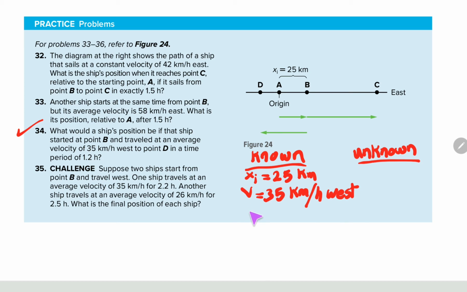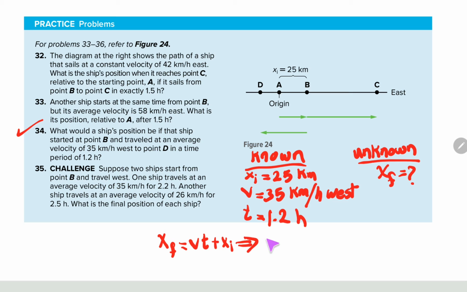The time t equal to 1.2 hours, and we need to find x final also. In the beginning, we will write our equation, which is x final equal to vt plus x initial.